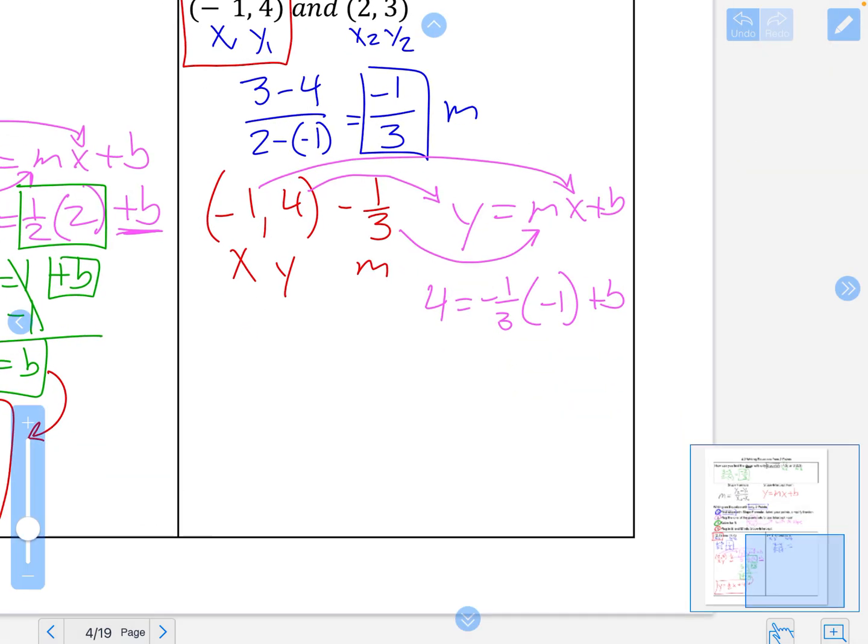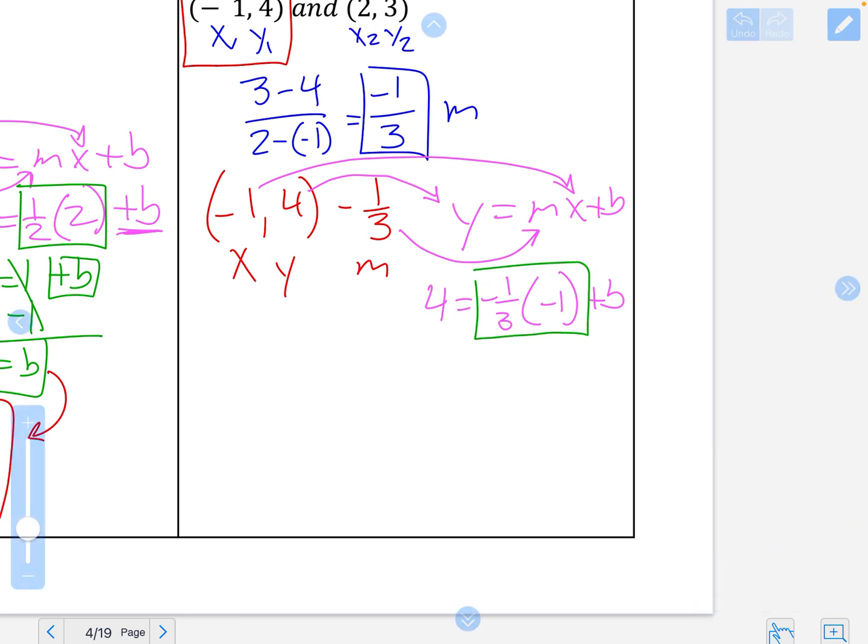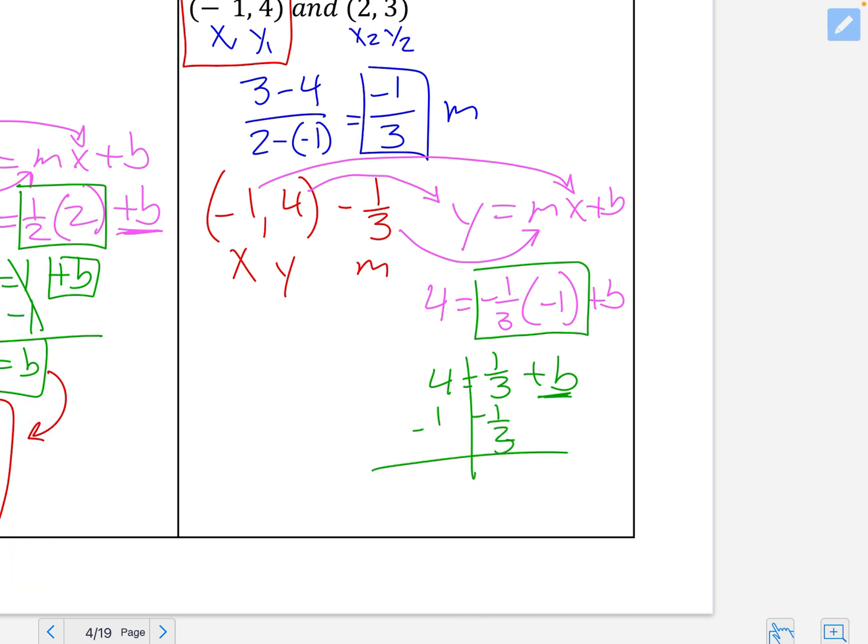So now we need to solve for b. A number next to parentheses tells me to multiply. So a negative times a negative is a positive, and anything times 1 is itself. So now we need to solve for b. So I need to do the opposite of 1/3. Oh, I keep writing 1/2. And so I know that 4 minus 1/3 is 3 2/3, which is the same thing as 11/3.